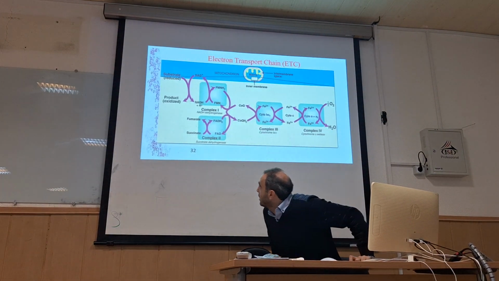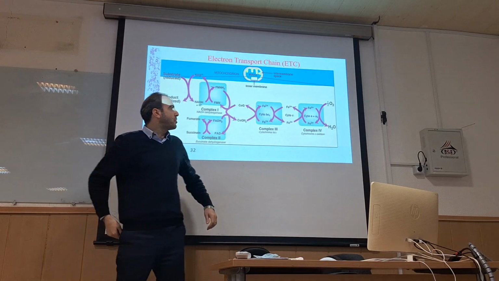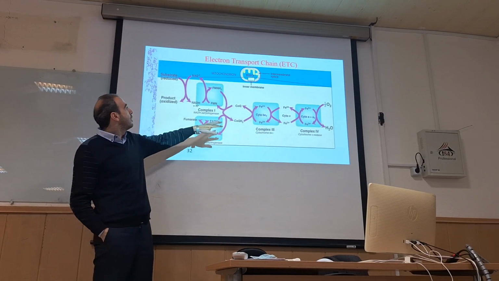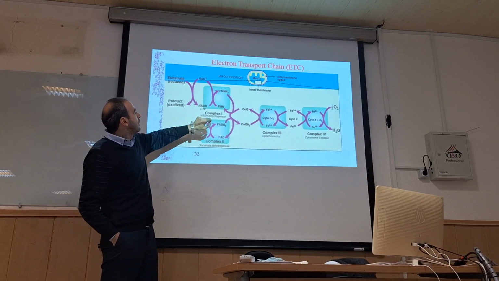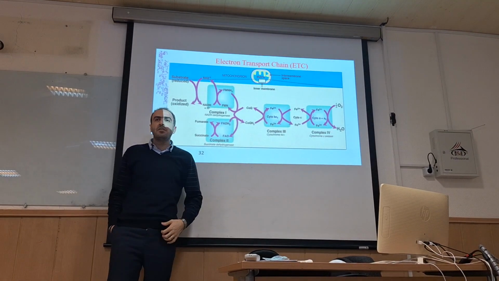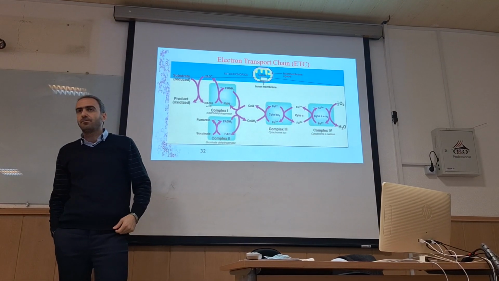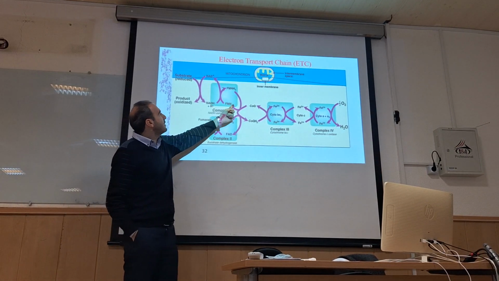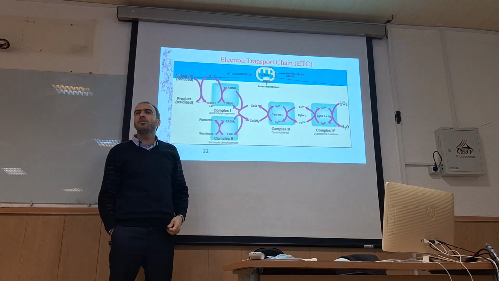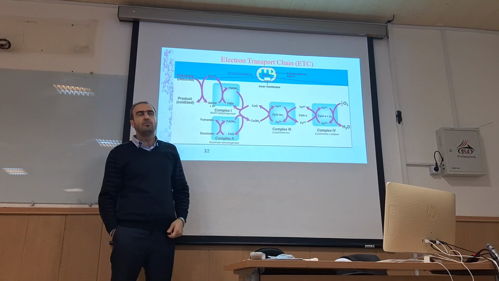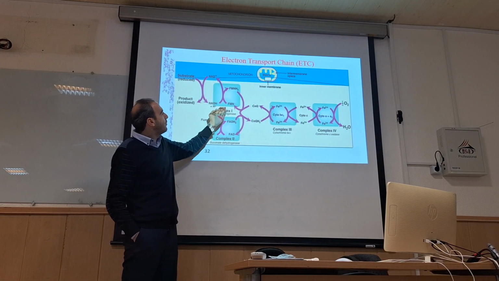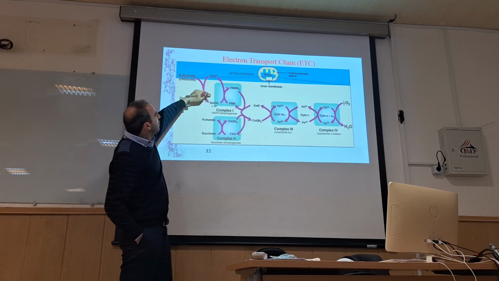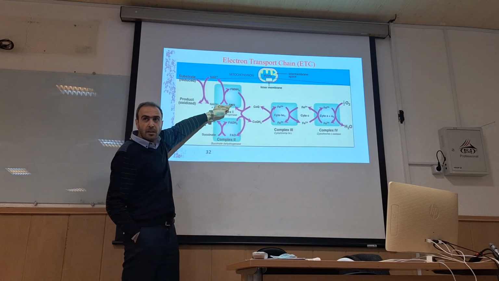Here you can see complex number 1, 2, 3, 4, and their names and components. Complex number 1, the name is NADH dehydrogenase, or NADH oxidase also. It consists of FMN and iron sulfur group. NADH gives its electron to FMN and reduces it.